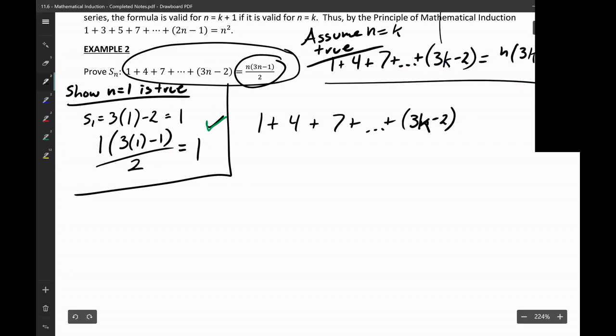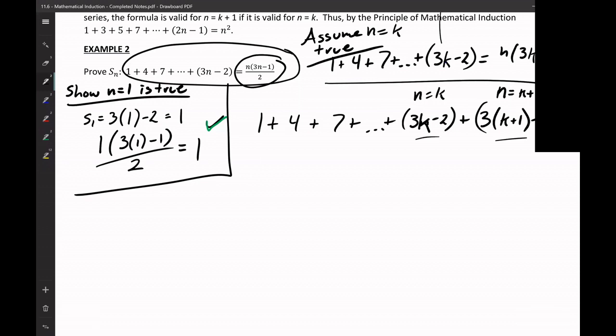So that's my kth term being plugged in. Well, what would me adding on the k plus 1 term look like? Well, it would just be plus 3 times k plus 1 minus 2. So this term here is my n equals k plus 1 term, and this term here is my n equals k term.